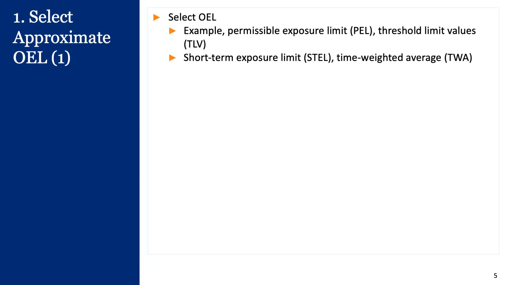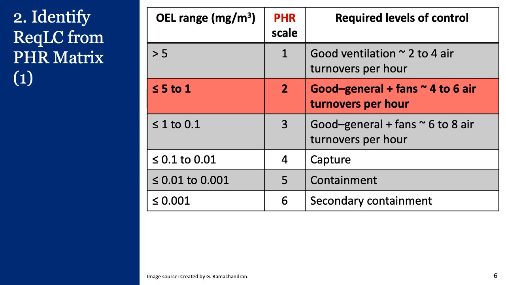So again, as before, we can first go about selecting an appropriate occupational exposure limit, and then identify the required level of control from the PHR matrix. So let's assume that in our example, the OEL is between 5 and 1 milligrams per cubic meter, and that means that we need 4 to 6 air changes per hour in terms of general ventilation.